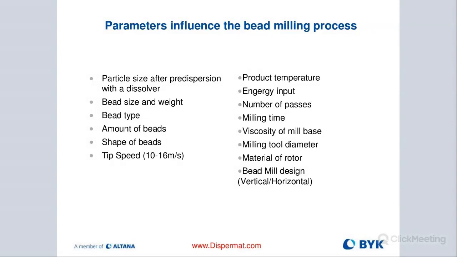So if you want to have good color stability, we highly recommend that you use ceramic components. And then again, different media mill designs depending on what the application calls for. So we have vertical mills, horizontal, and also a basket mill design. Different applications require different types of bead mills.